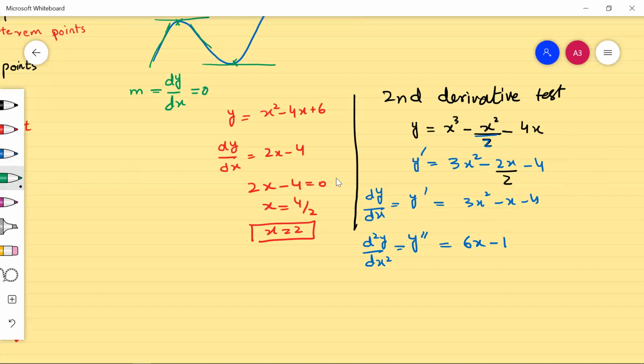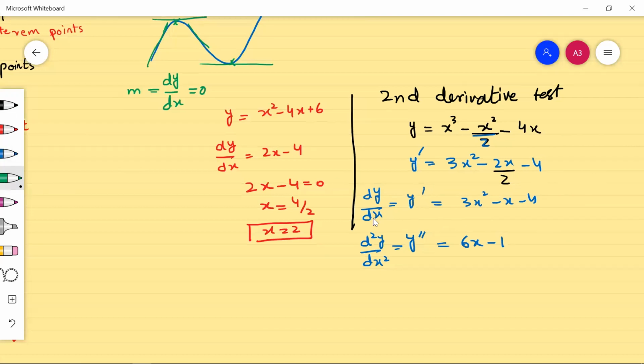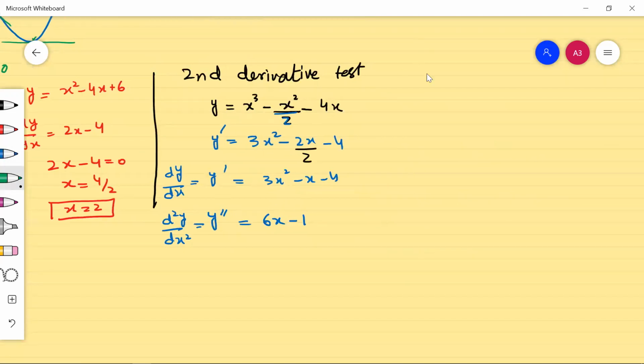First, how do we find the stationary points? Just for stationary points we put dy/dx = 0. So 3x² - x - 4 = 0.